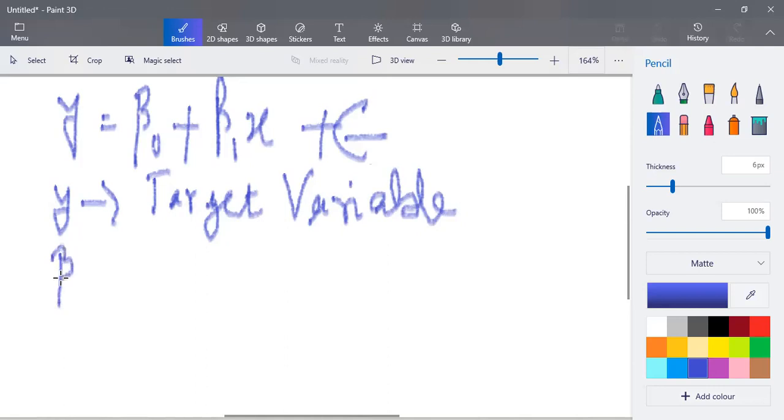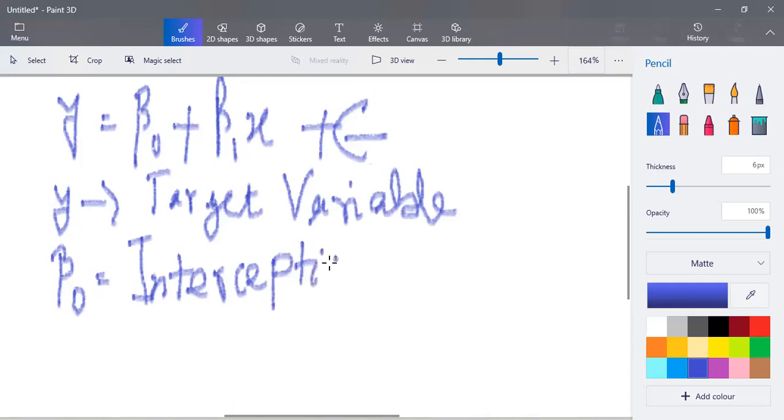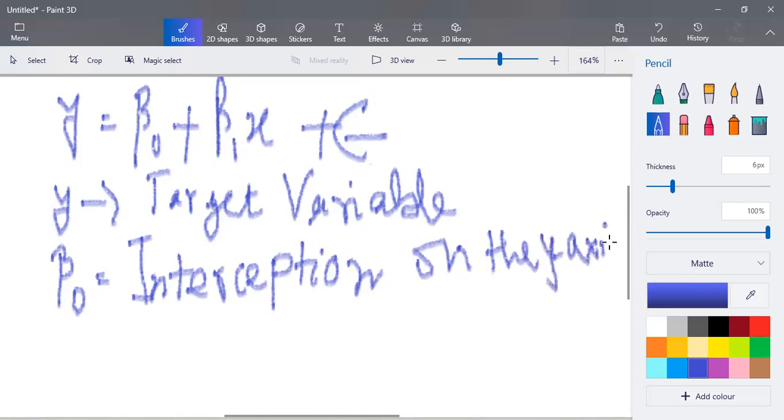Beta 0 is basically the interception on the y-axis, right?